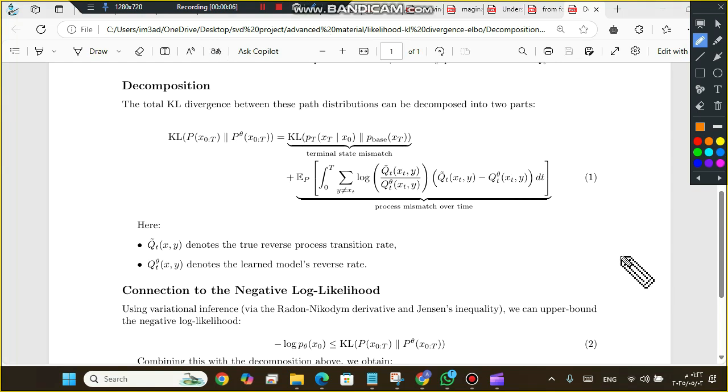When we started the backward diffusion process towards time zero, what did we do? We started from a vector, let's call it p base.